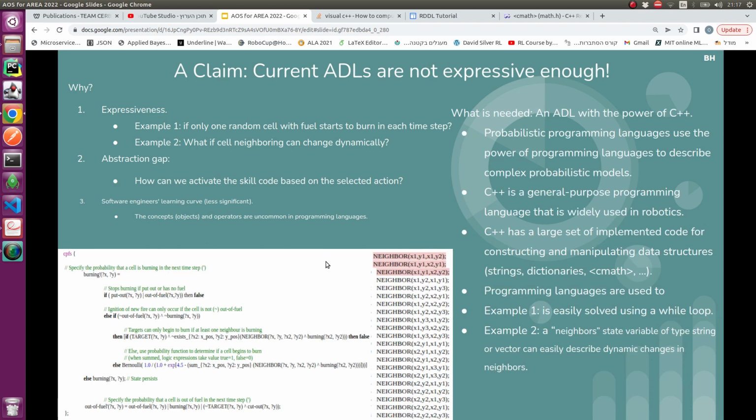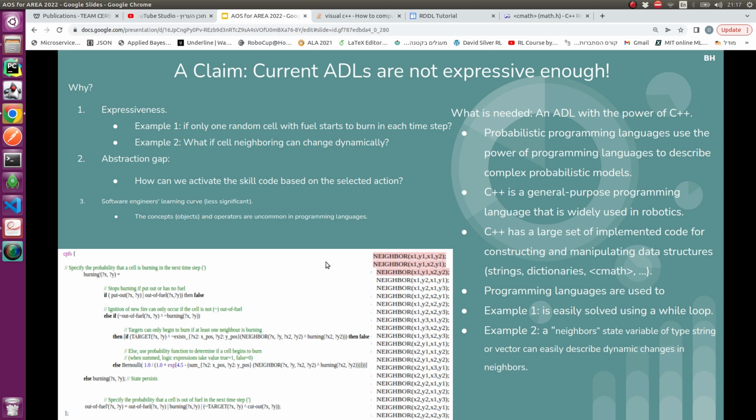What we advise: we saw that probabilistic programming languages can compactly describe complex probabilistic models, and we think that an ADL powered with a general purpose programming language is required. We specifically talk about C++, which is a mature language.